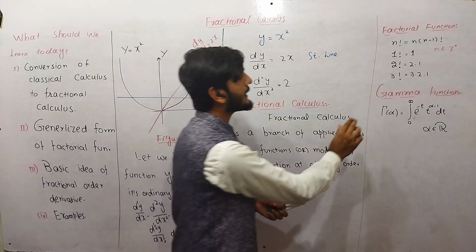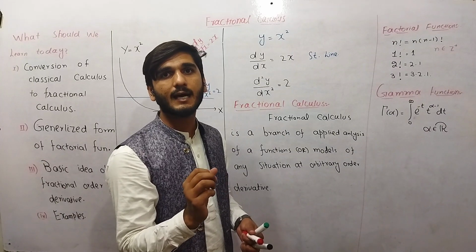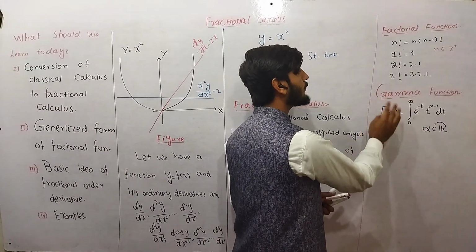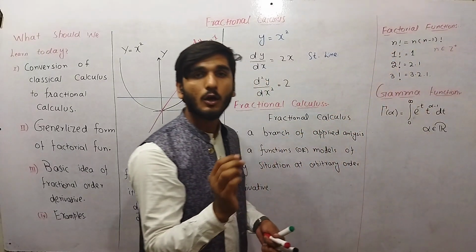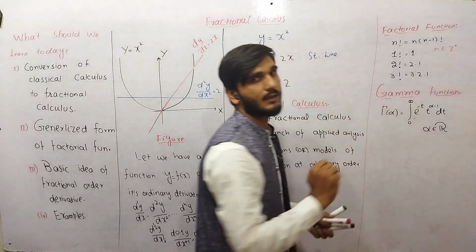It means the gamma function is a function which can describe the general form of the factorial function. It is true when alpha is an integer, as well as when alpha is a real number.